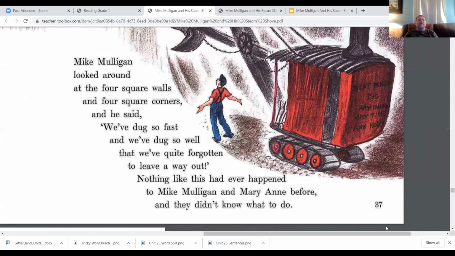Mike Mulligan looked around at the four square walls and four square corners, and he said, "We've dug so fast and we've dug so well that we've quite forgotten to leave a way out." Nothing like this had ever happened to Mike Mulligan and Mary Ann before, and they didn't know what to do.